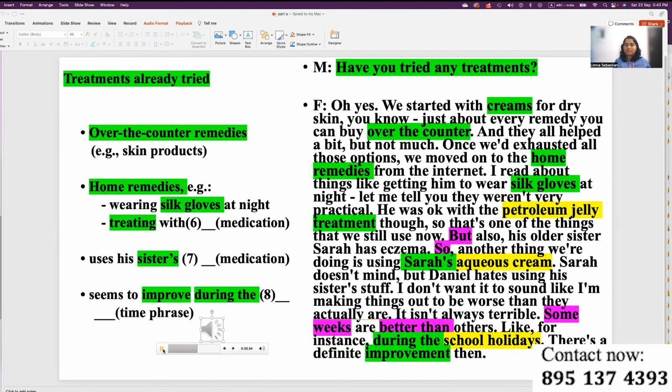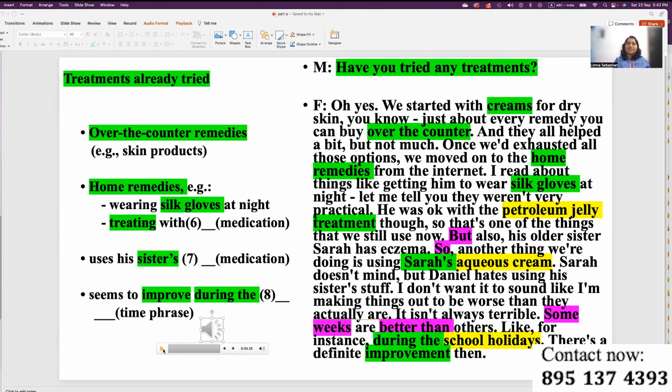But also his older sister Sarah has eczema, so another thing we're doing is using Sarah's aqueous cream. Yes. Sarah doesn't mind, but Daniel hates using his sister's stuff. And I don't want it to sound like I'm making things out to be worse than they actually are. It isn't always terrible. Some weeks are better than others. Like, for instance, during the school holidays, there's a definite improvement then.